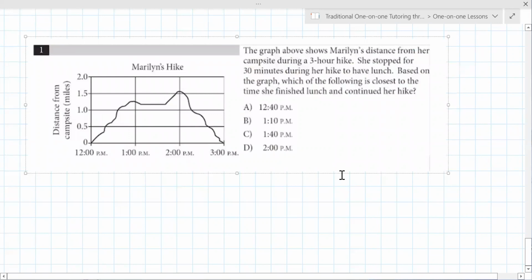Based on the graph, which of the following is closest to... The graph above shows Marlon's distance from her campsite during a 3-hour hike. She stopped 30 minutes.